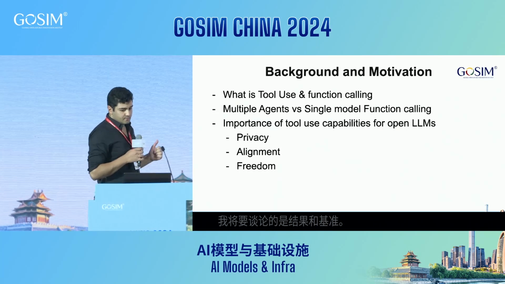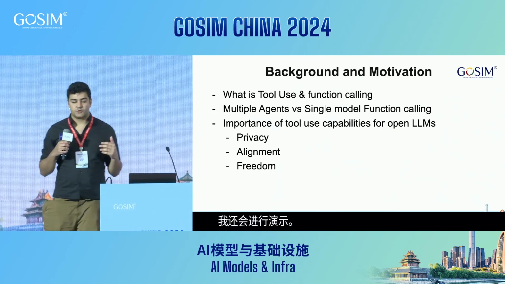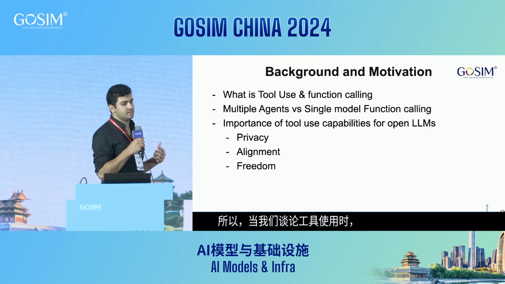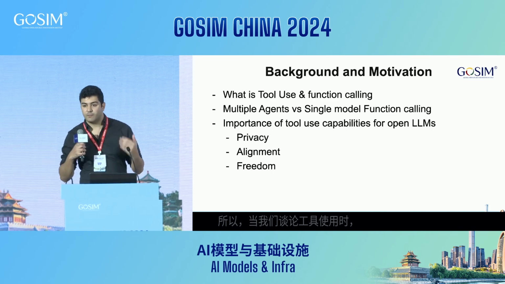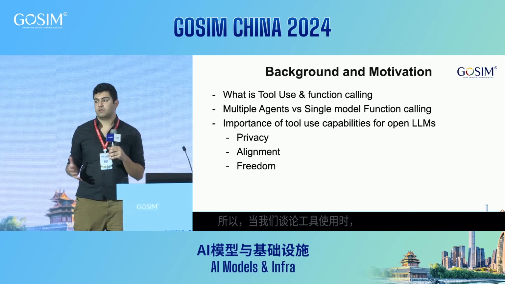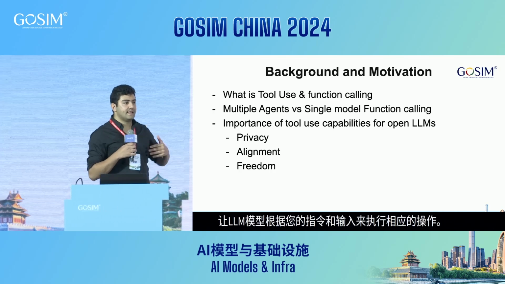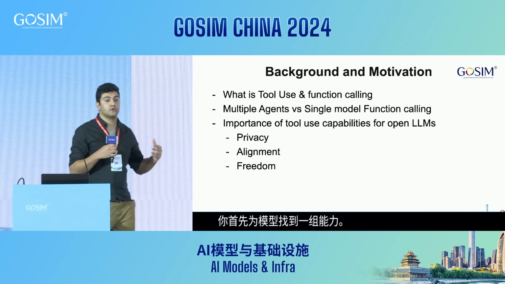So when we talk about tool using, it is basically making LLMs take actions based on your instructions, based on your input. You first define a set of capabilities to a model, then the model decides whether it should just respond to you or execute that function.